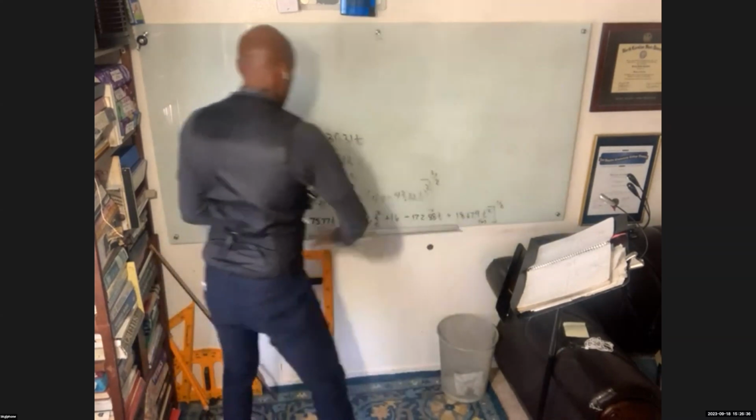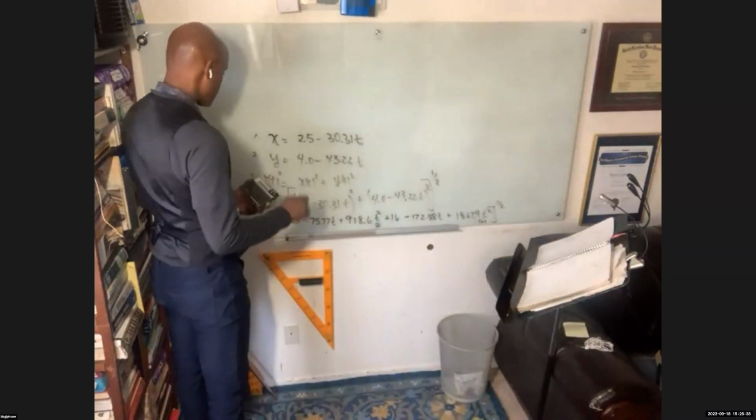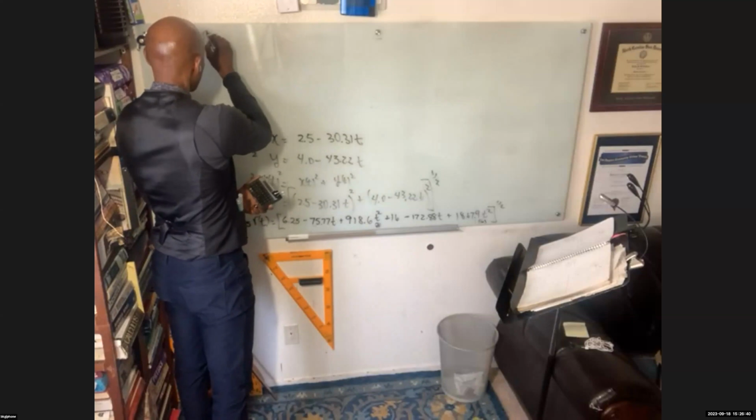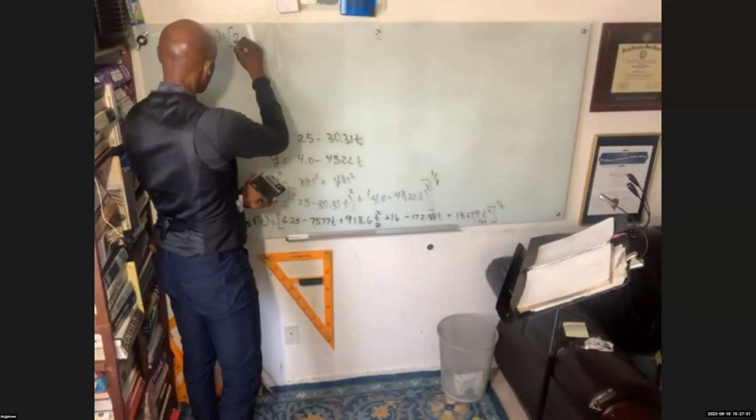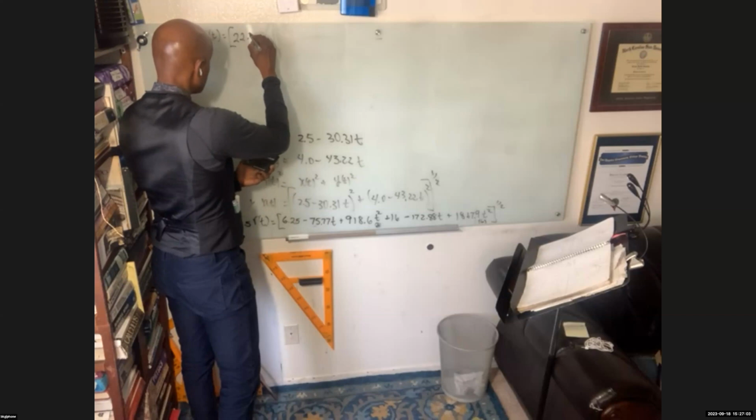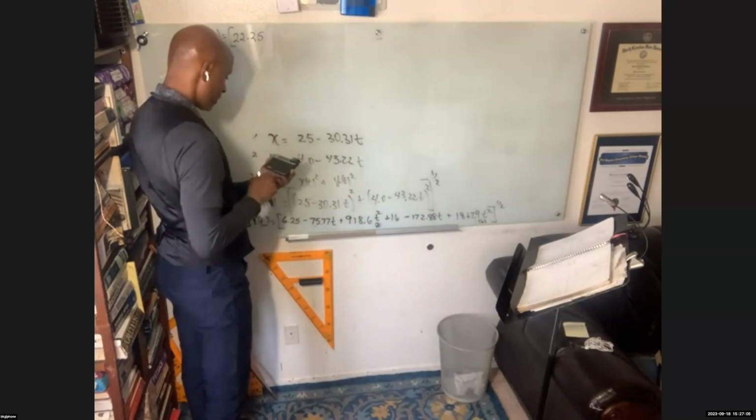So what you were giving me was you had added all that up, right? Yeah, I'd added all that up, and then I differentiated. Let me just make sure we're on the same page. So you got 22.25 in there.